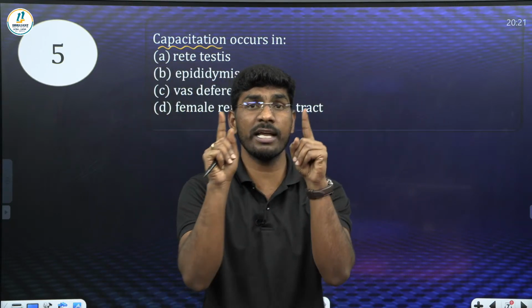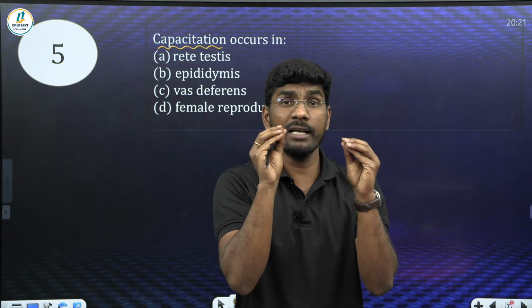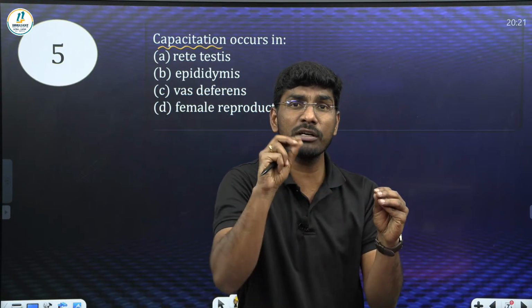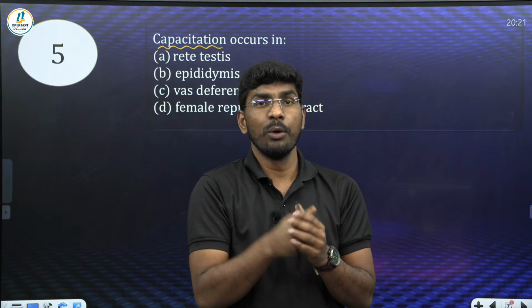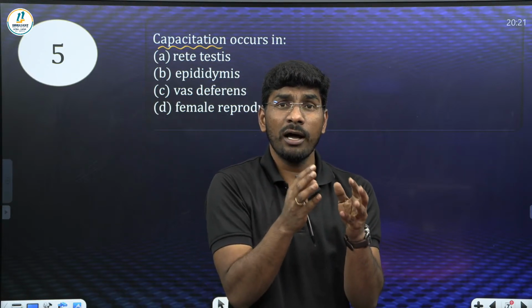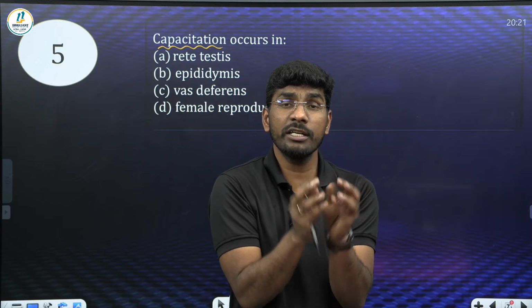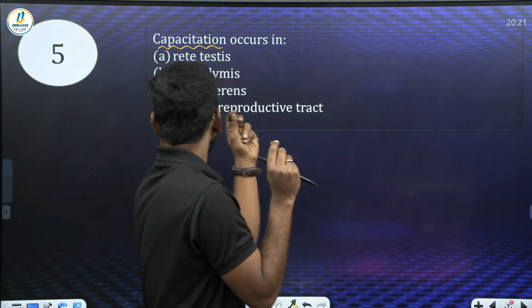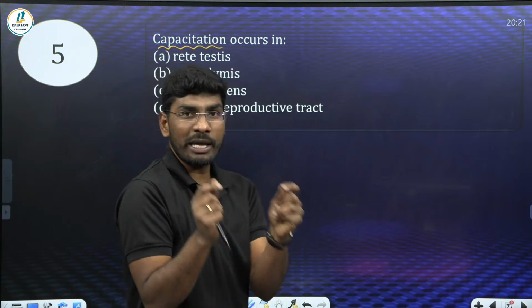Remember, my dear kids, if a question comes in the exam, at the time the sperm comes out, that means at ejaculation, the movement of sperm is less. You know why? Because it needs a favorable condition. The sperm has to go through a process called capacitation.